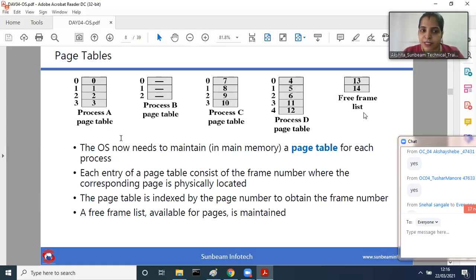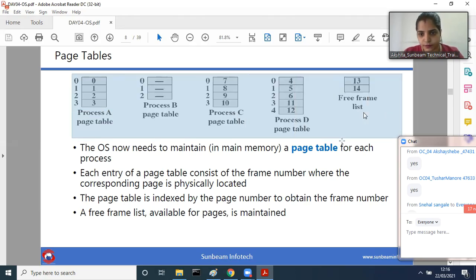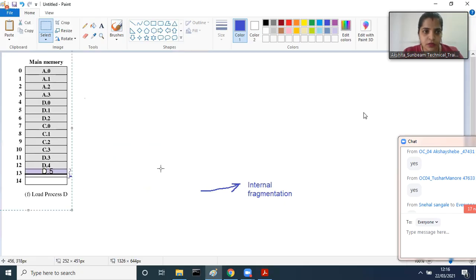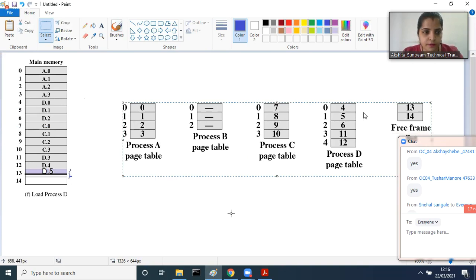So what does the page table say? Process A page table looks like 0, 1, 2, 3. I'll take this and show you. Let me take this diagram a little ahead, maybe over here. I'll remove this and keep it over here.